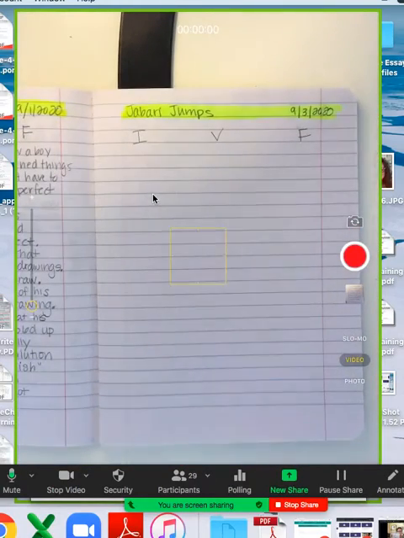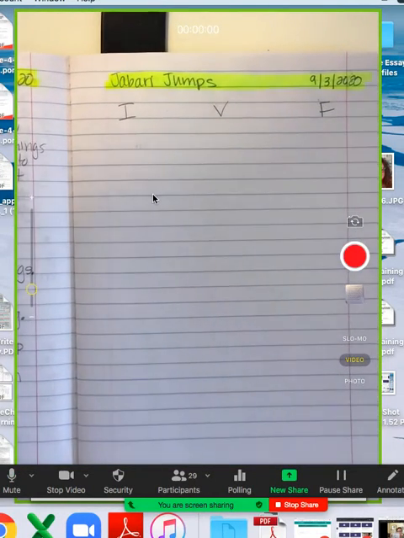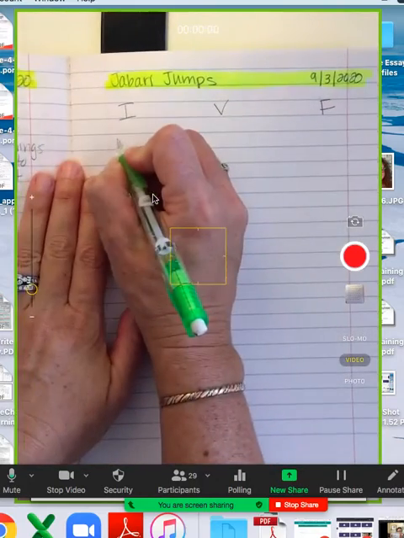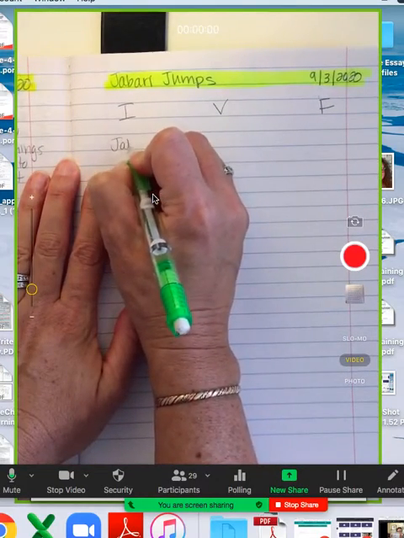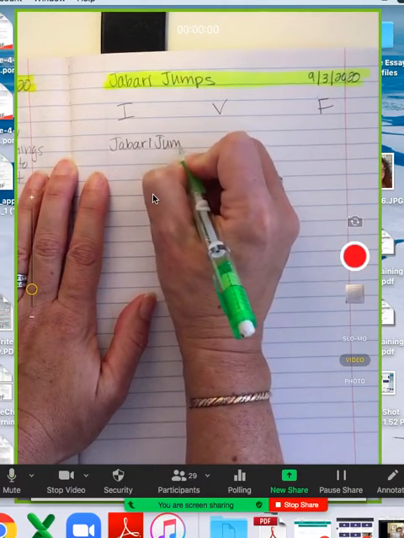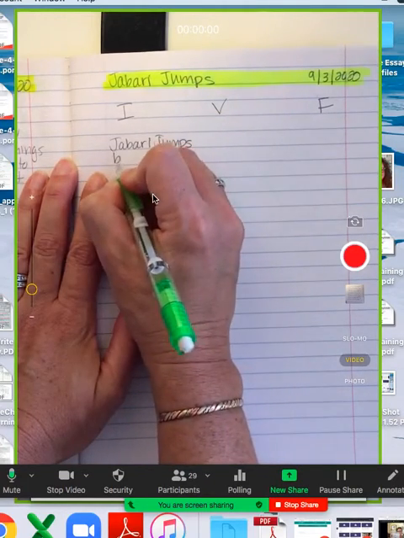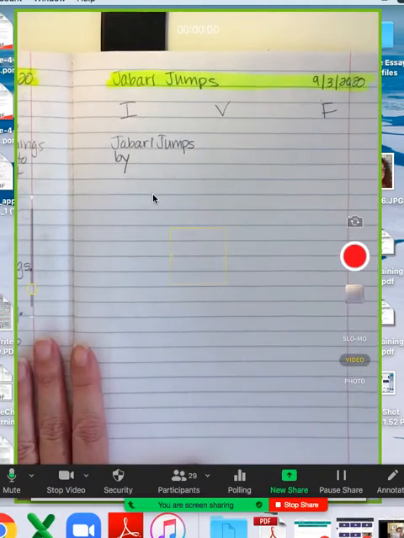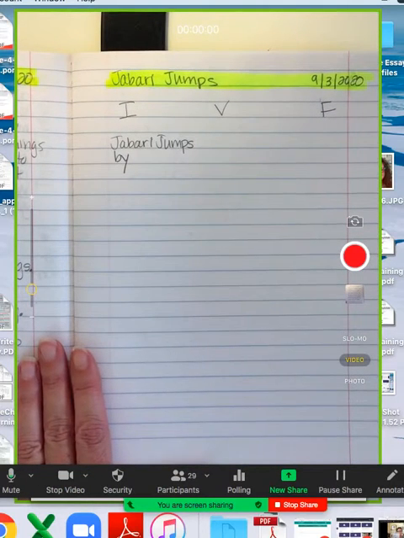All right. Unmute yourself if you can remind us what the I stands for. Identification. Yeah. Identify the text. Beautiful. Identify. So we're going to say Jabari Jumps by Kaya. What is the name of the author according to the schedule?